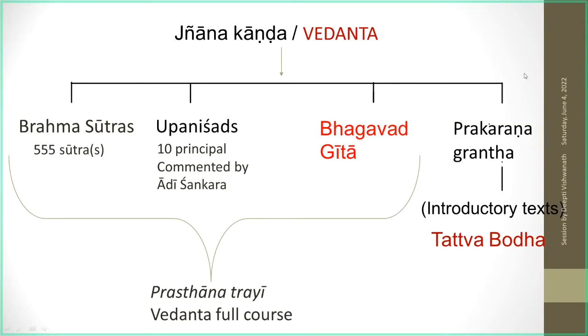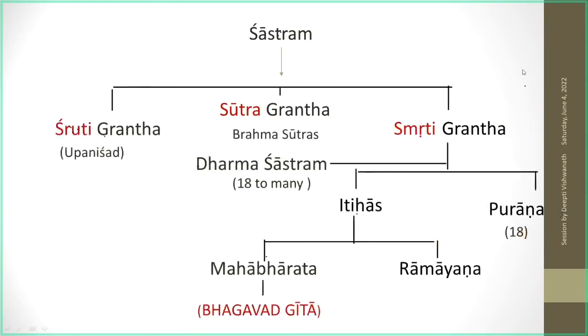So this is for all of you who still are trying to understand where we are in the context of the Bhagavad Gita. So the entire Shastram, as I've just said, Shruti, Smriti, and Sutra Grantha. Smriti has Dharma Shastra, Itihas Purana, and Itihas Mahabharata, and now Bhagavad Gita. So the whole graph is there, and now you know where the source of the knowledge would be.